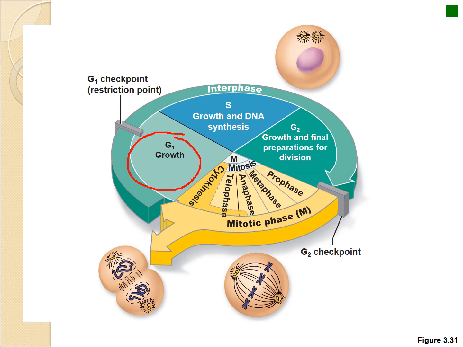So imagine what you would have to do if you were going to try to produce a duplicate of yourself that's going to kind of just pop out of you. You have to eat the equivalent weight of your body to make that person. And that's what the cell is going through at this phase.